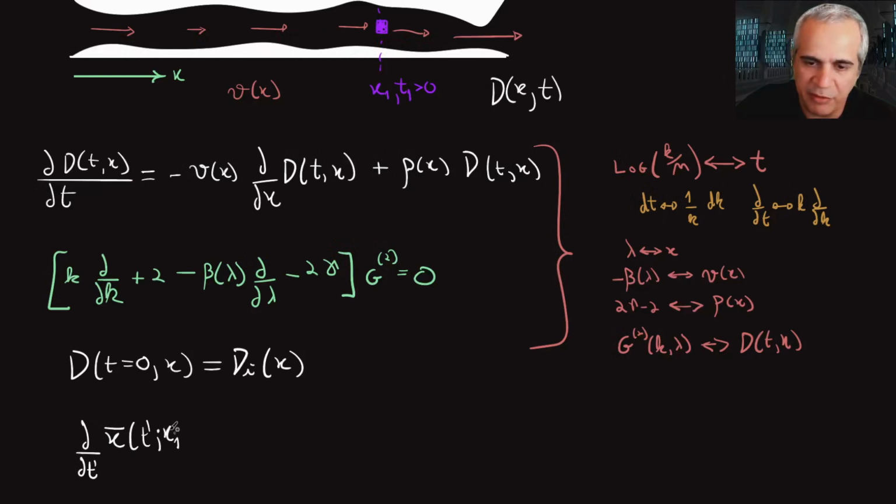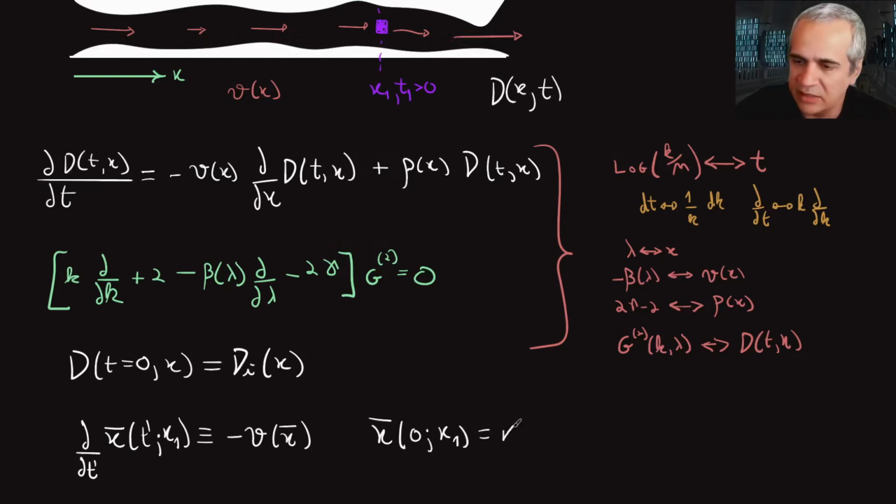This is just a reference point. This is a position. It's not depending on x1, right? And this guy is moving with a negative velocity. So it's moving towards the left as I increase t prime, right? And this index x1 here only means that when I take t prime equals 0, this guy is in x1.